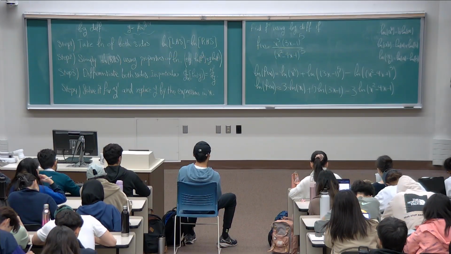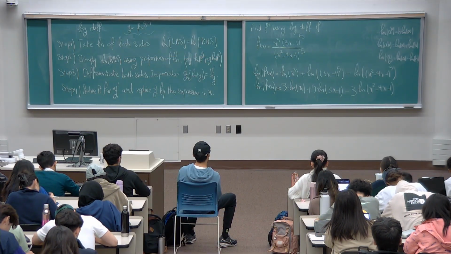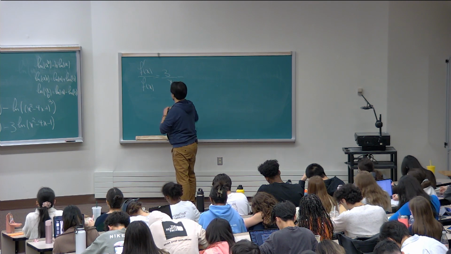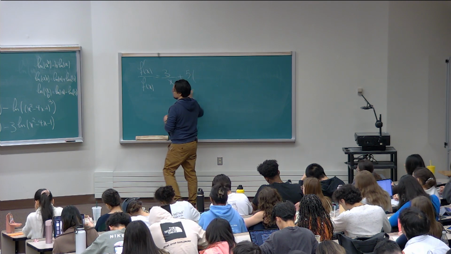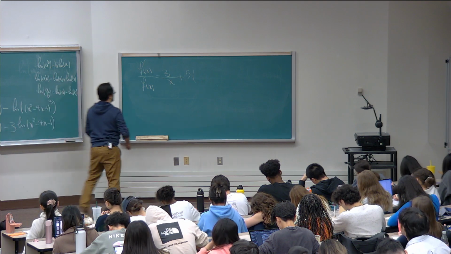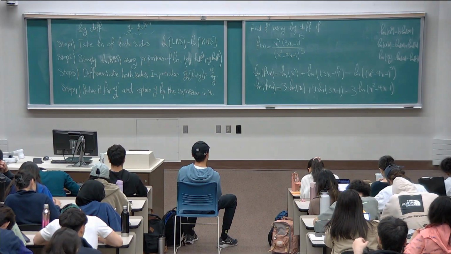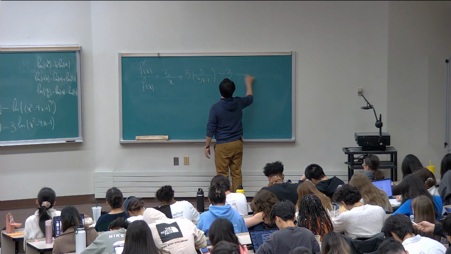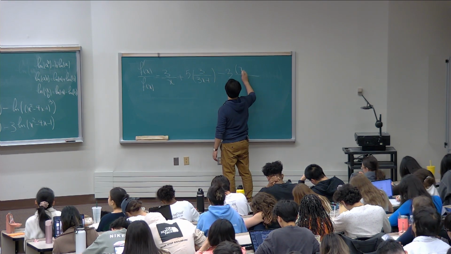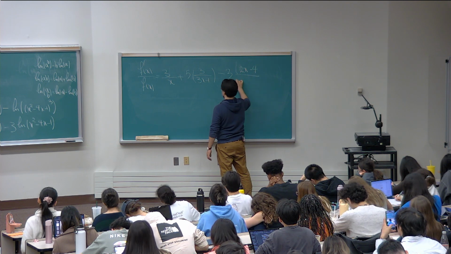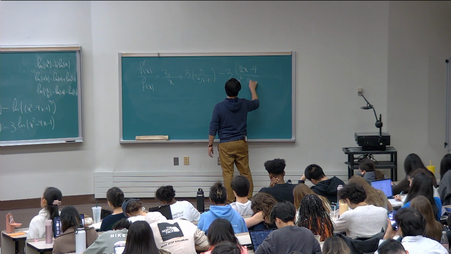The derivative of ln x is 1 over x. 5 times the derivative of ln of box, it is box prime over box, minus 3 times (2x minus 4) over (x squared minus 4x minus 1).